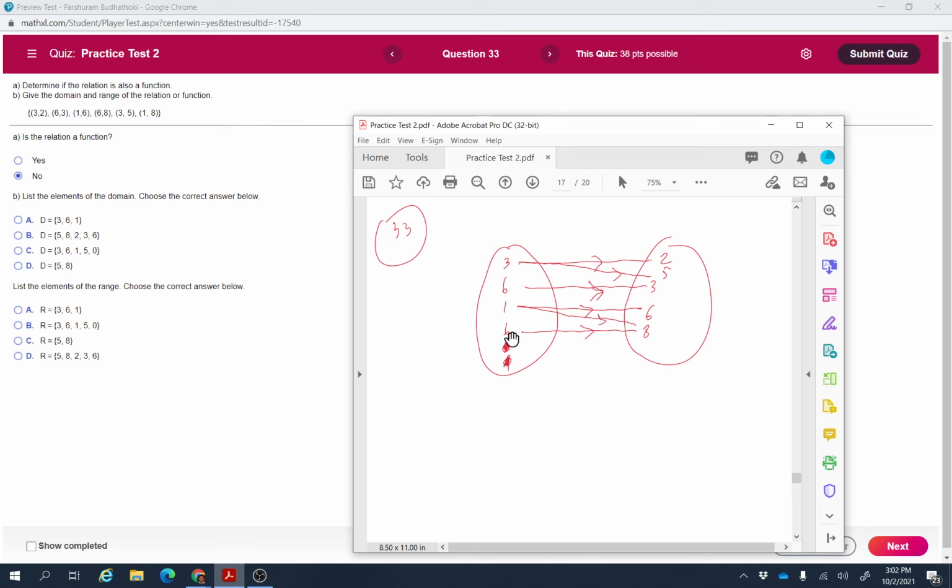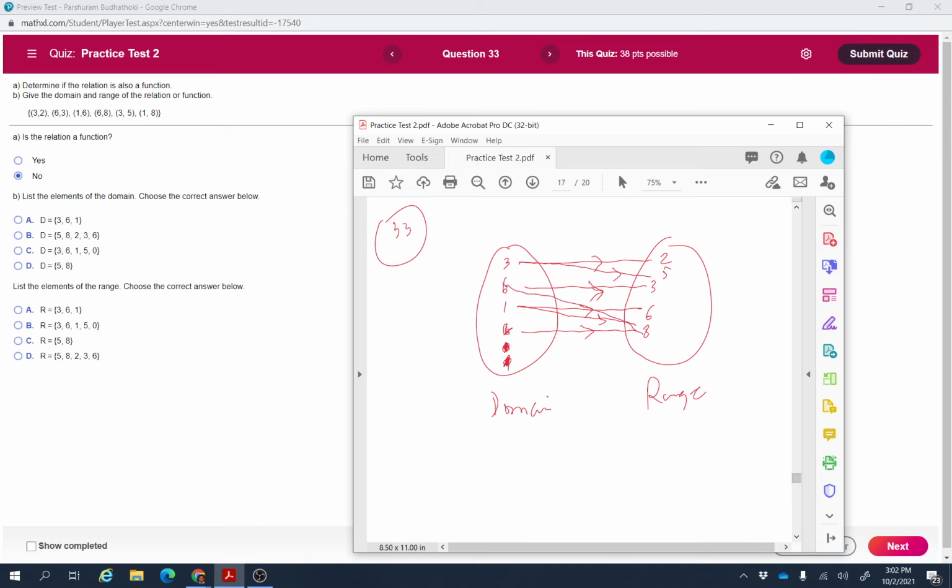Now, finding the domain: this part is the domain and this is the range. So the domain is 1. 6 is also repeated, so you don't have to write down this 6 again. Instead of repeating it, just use the arrow here.